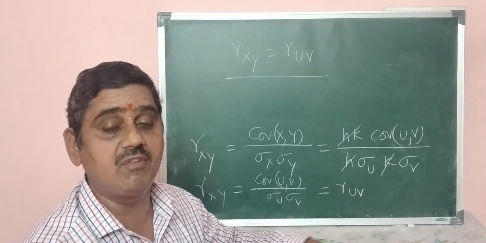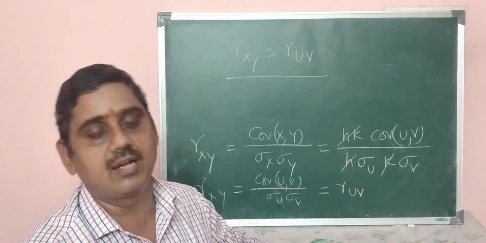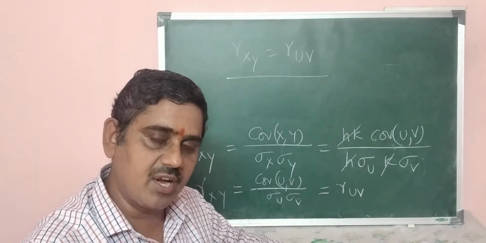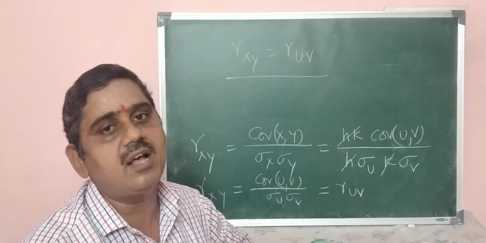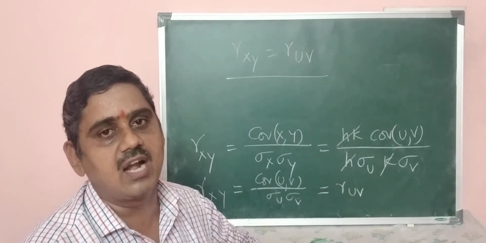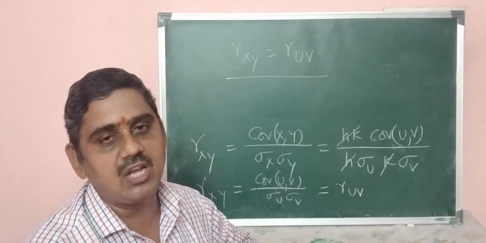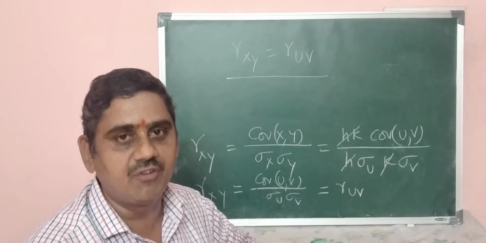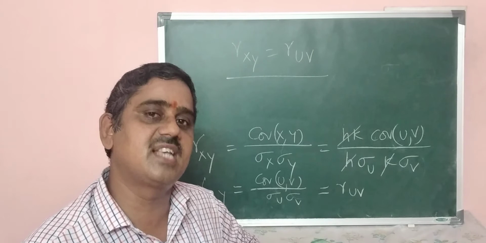The correlation coefficient calculated for the original values is equivalent to that calculated for the values with shifted origin and scale. Both will be the same.